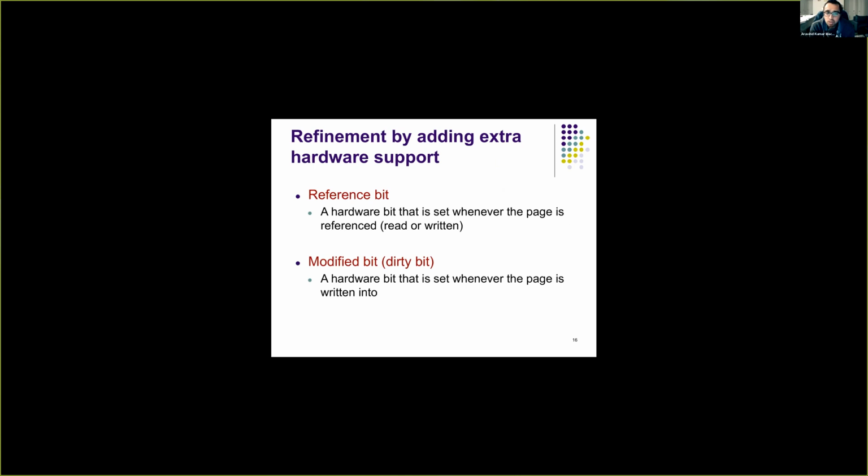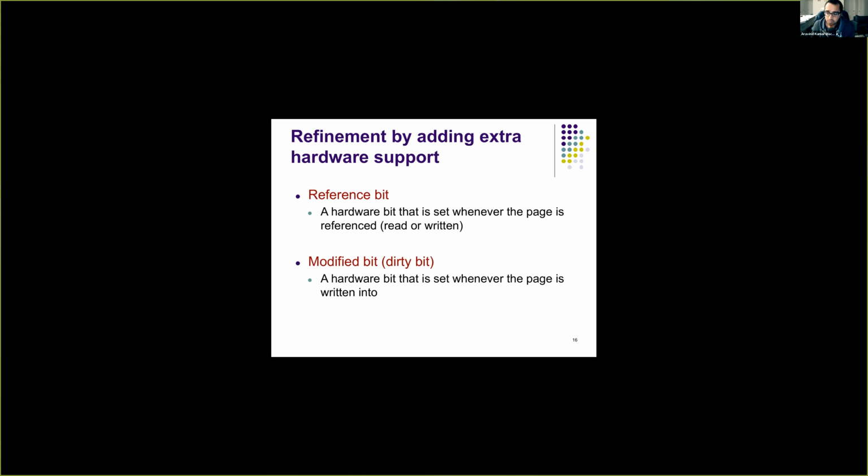Similar to the reference bit, there is also another bit in the page table called the modified bit or dirty bit. This bit will be set by the MMU whenever a page is written to. Okay, so whenever the process makes a write to a certain page, the dirty bit of that page table entry will be set.